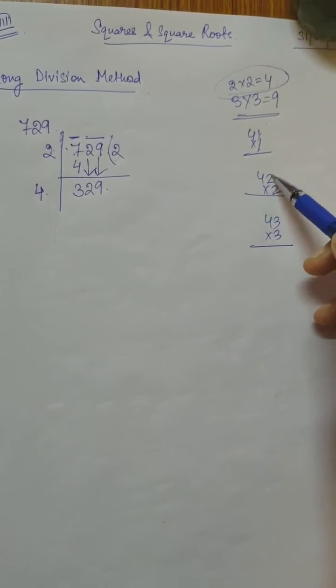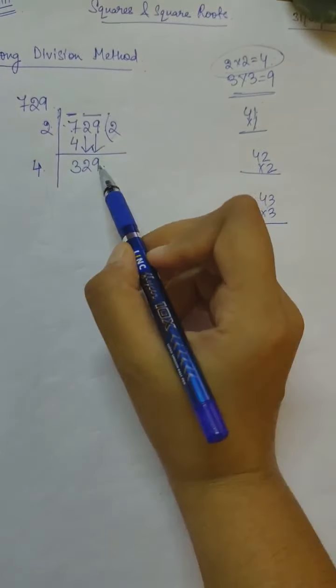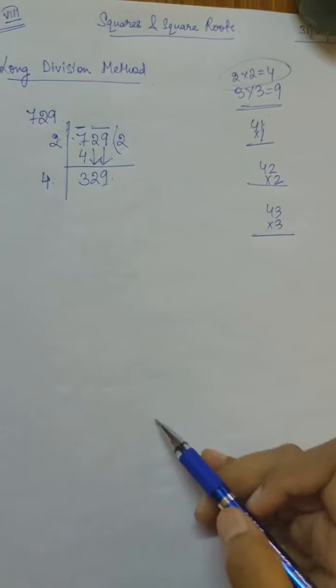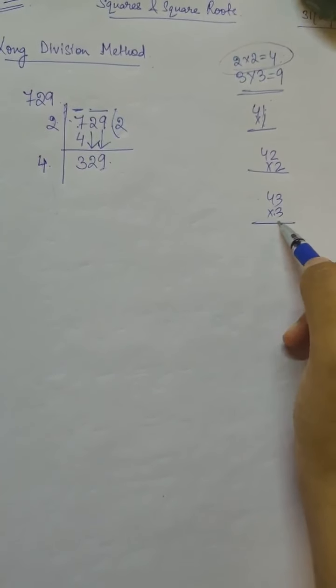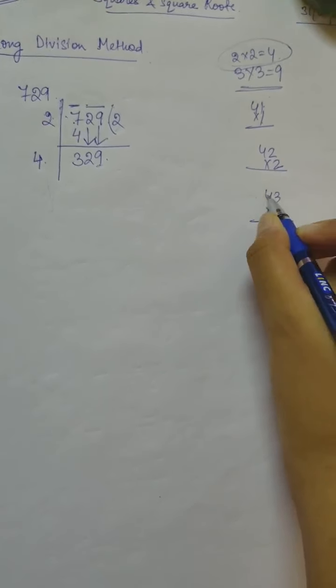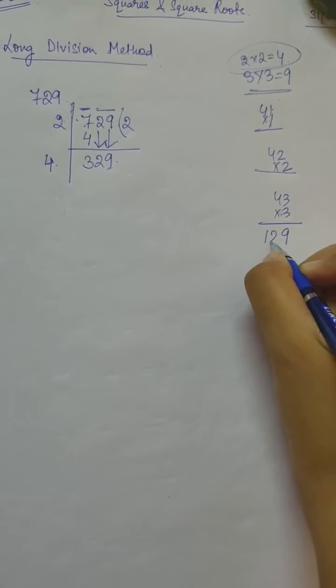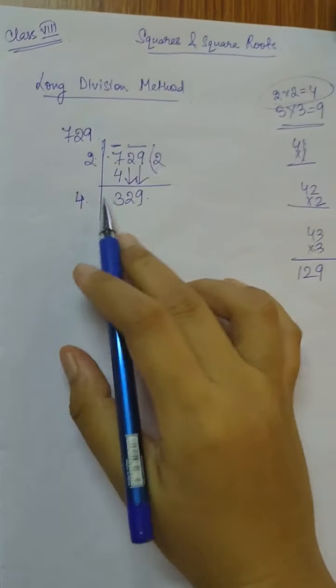If you are taking 42, then the next number will be 2. So for getting 9 in the last digit, if I multiply 43 and 3, then 3 and 3 gives us 9, and 3 and 4 gives us 12. So this is giving us 129. We are not getting 329.